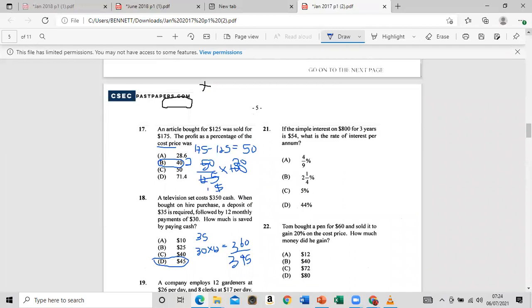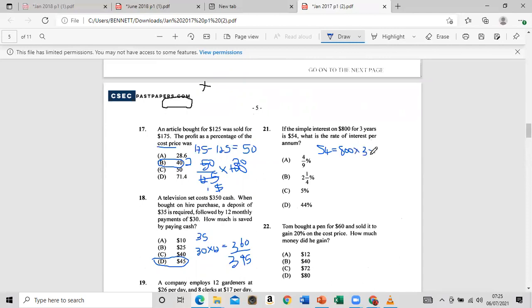The simple interest on $800 for 3 years is $54. What is the rate of interest? When you use simple interest, you write P times T times R, right? So it's 54, they give us the simple interest already. So we just transpose: 54 equals the principal, 800, times 3, times the rate.